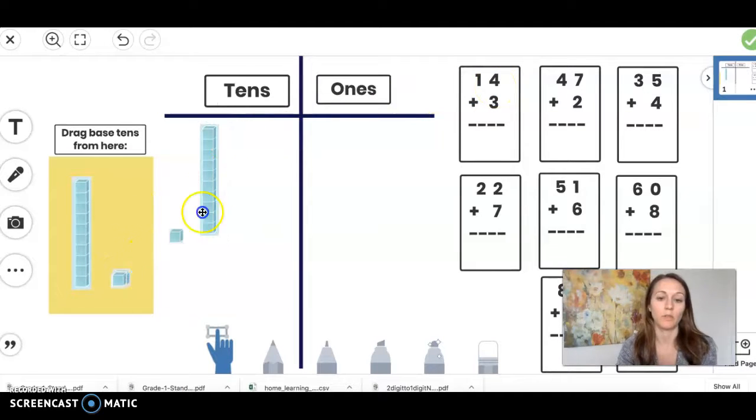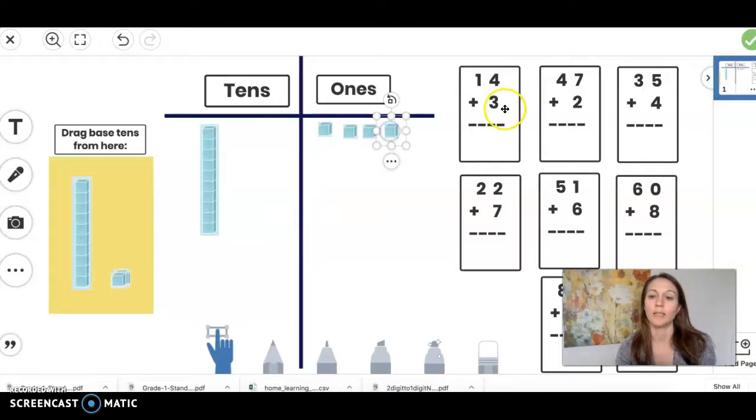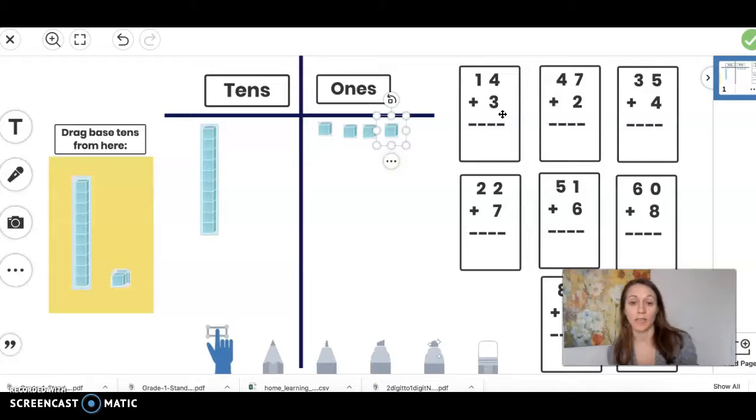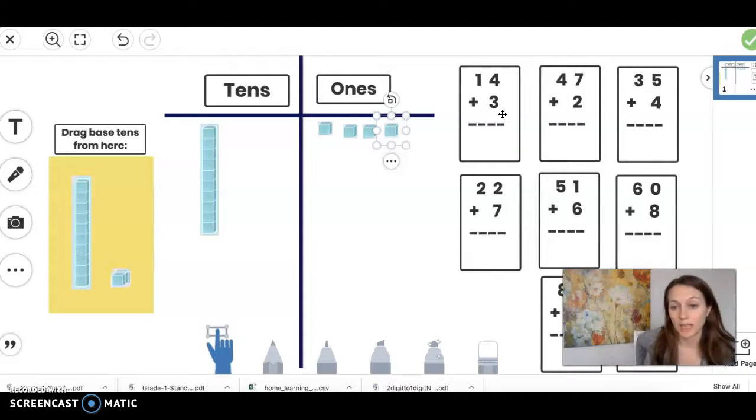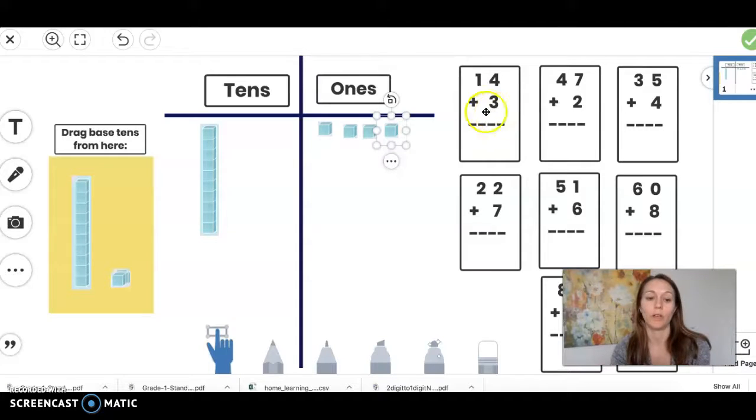So I'm going to move 4 ones into the ones place. Now I'm adding 3 to the number 14. You can ask your student, is there any tens in the number 3? And they should say no. So if there are no tens, I know 3 is just the same as 3 ones. So I'm going to drag 3 more ones to my ones place.